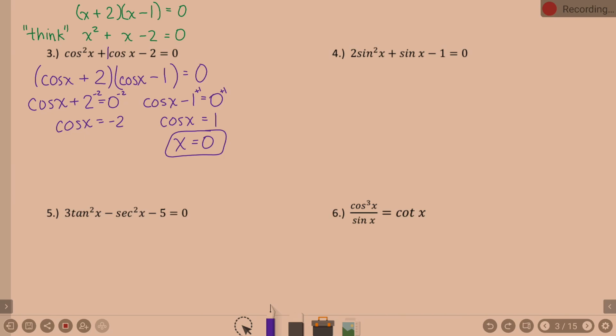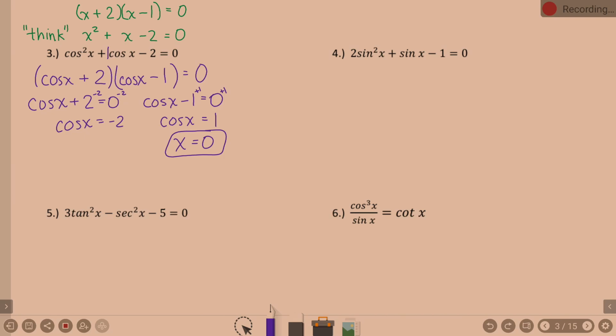When we did cosine graphs, just think about it. The basic cosine graph. How high and low did the basic cosine graph go? Right, the amplitude was 1. Right, but if there was no amplitude, it's just a basic 1, right? It went up to 1 and down to negative 1.